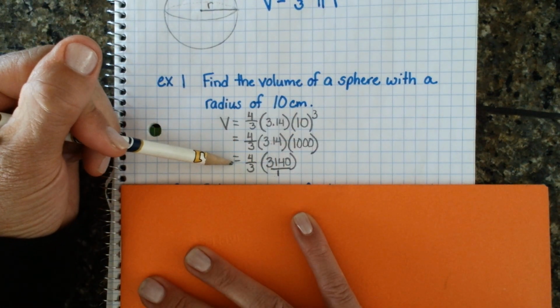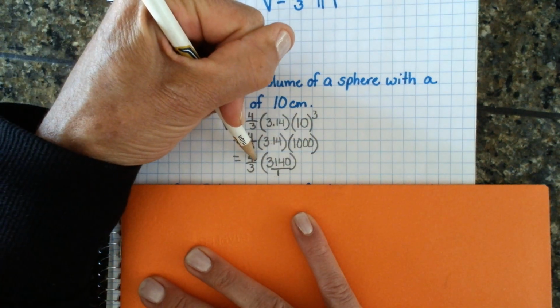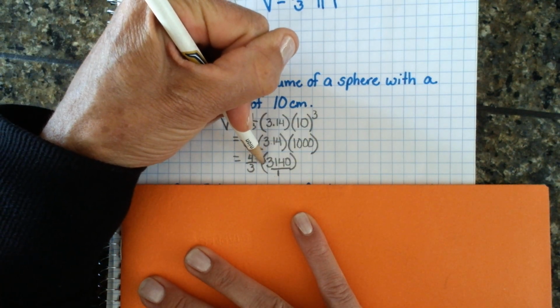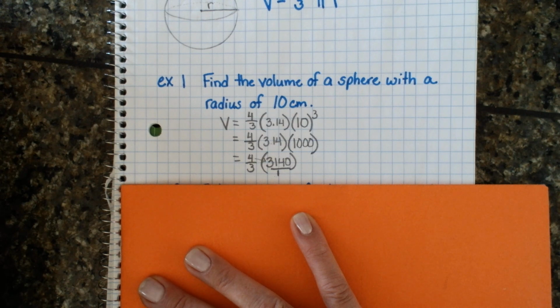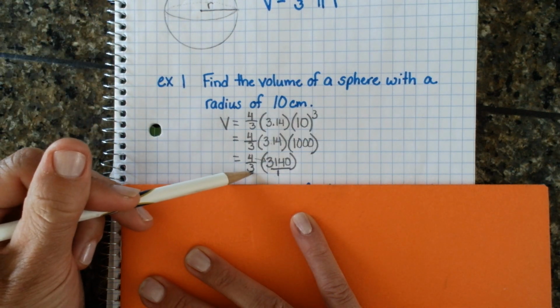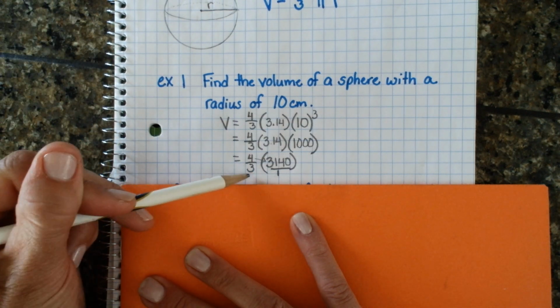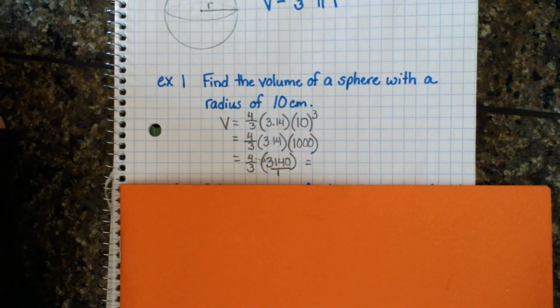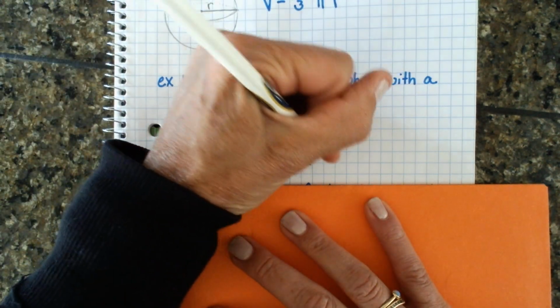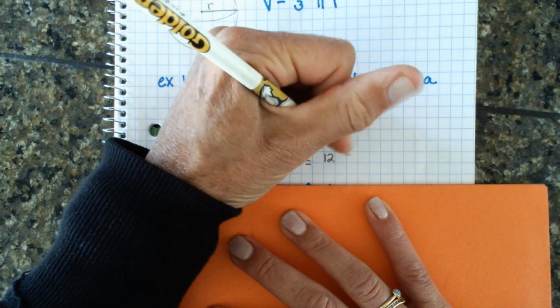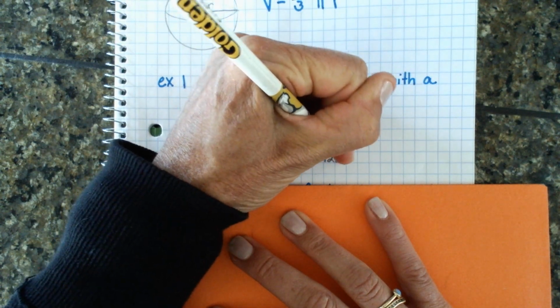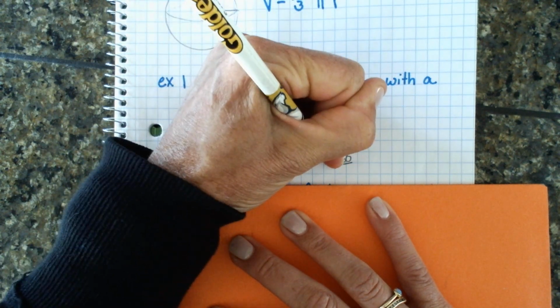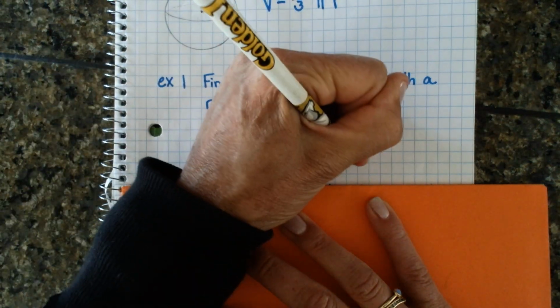So to simplify the next step, we are going to multiply 4 times 3,140, and then we are going to divide by the denominator, which is 3. So let's do that in 2 steps. 3,140 times 4 equals 12,560 divided by 3.